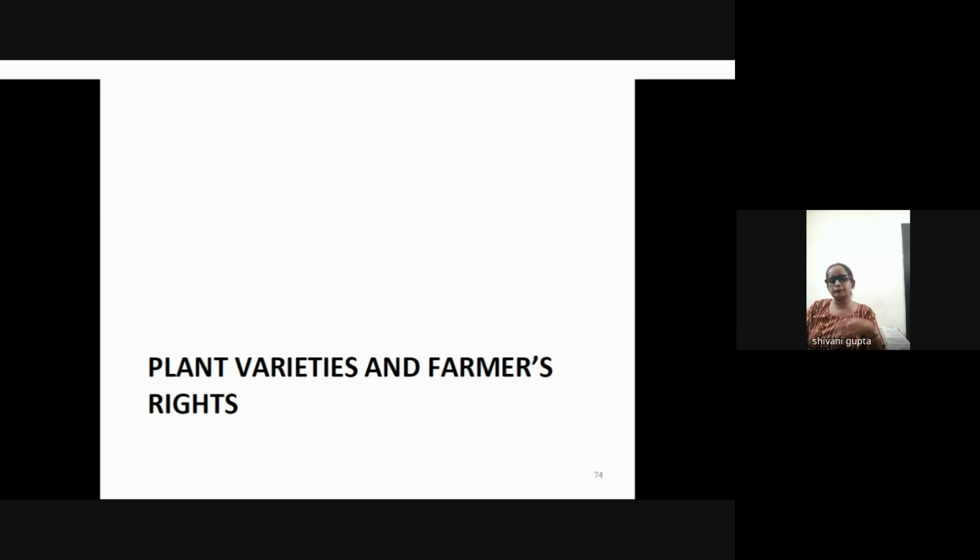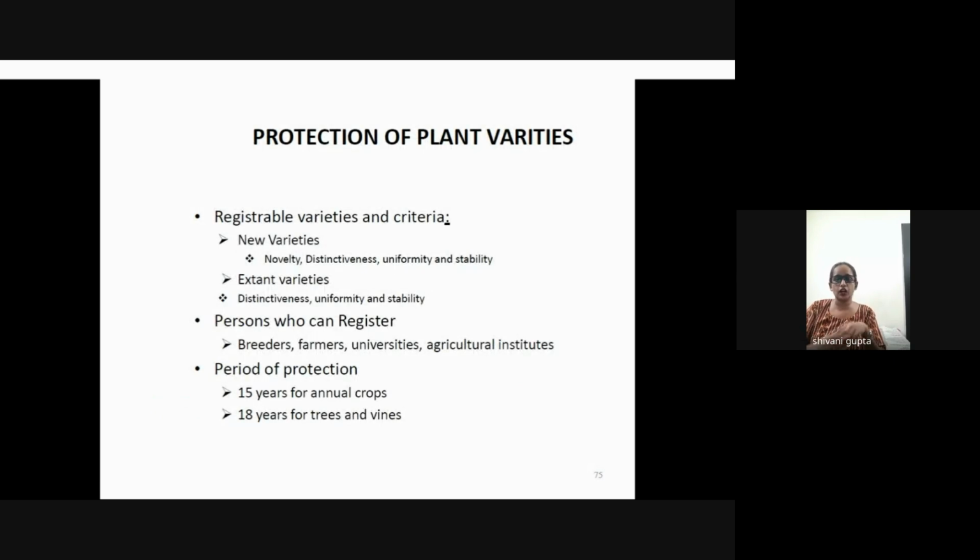Now comes the very important and last aspect, that is plant varieties and farmers' rights. When we discuss the protection of plant varieties, three aspects come up. What are the registration criteria? Are only new varieties registered, or are extant varieties also registered?